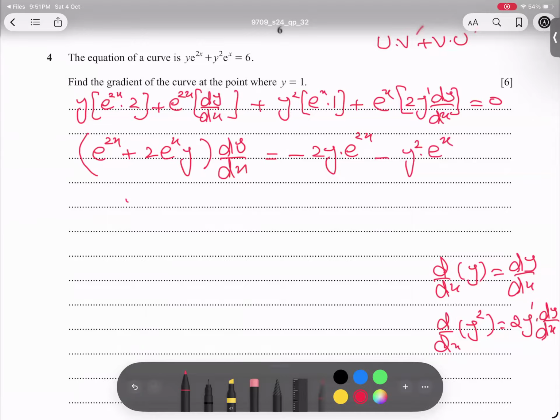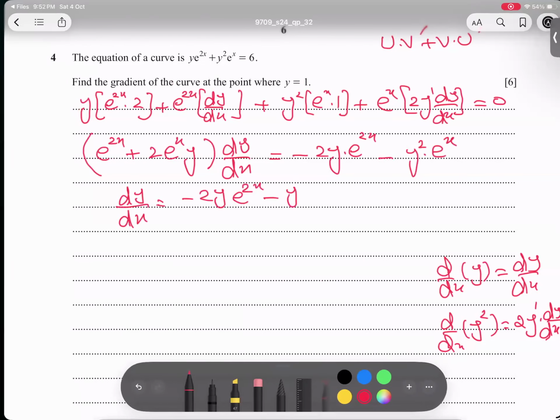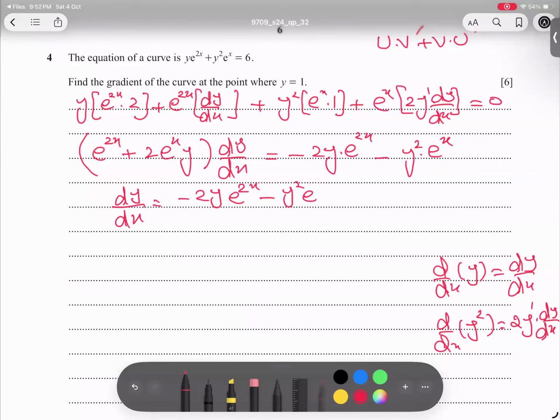Afterwards, what is it asking for? The gradient when y is 1. So I have to make dy over dx the subject. This will go completely there: negative 2y e to power 2x minus y square e to power x, divided by this completely.